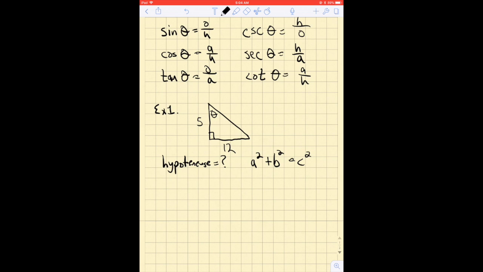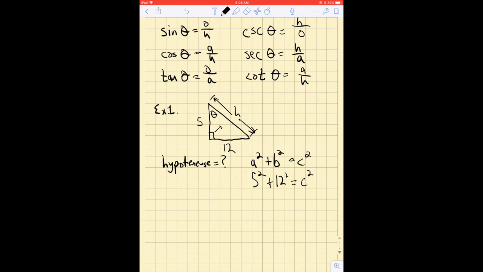The hypotenuse is always opposite the right angle. So this side right here is our hypotenuse, h, or in this case, c. A and b are considered the legs. So we set it up as 5 squared plus 12 squared is equal to c squared.